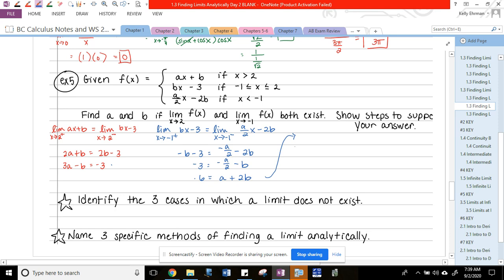I'm going to solve this blue equation for a. That would be 6 minus 2b. I have to be careful because my b's and my 6's look alike. And then I'm going to sub that into the red equation. So 2 times what is now a, 6 minus 2b, minus b equals negative 3.